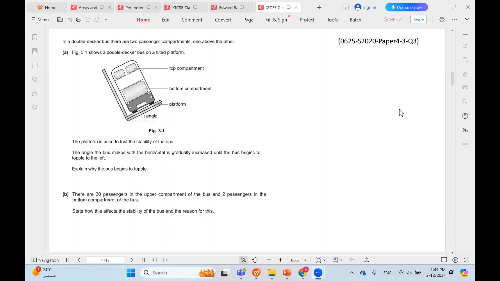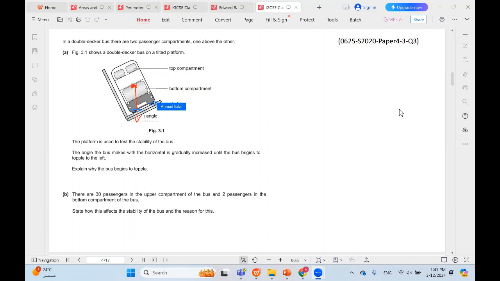So in the current position of the bus, assuming that the center of mass is somewhere here, we can see that the line of action of the weight, which starts at the center of mass and moves vertically downwards, lies between the two wheels of the bus.